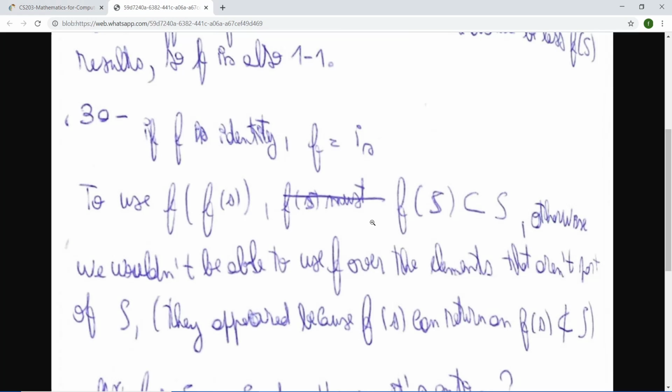So from that we know that f must be onto. Wait, no.